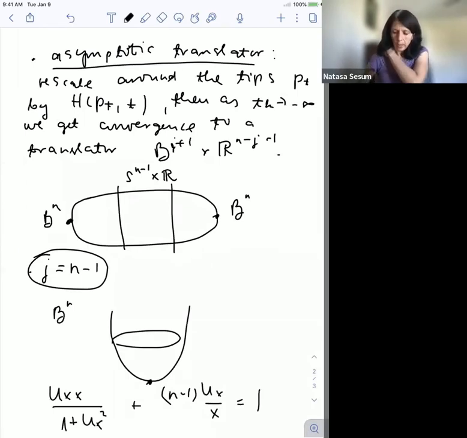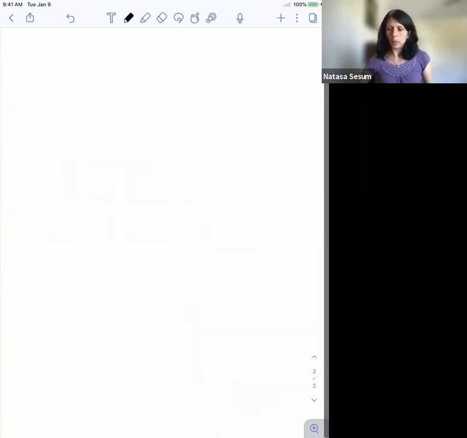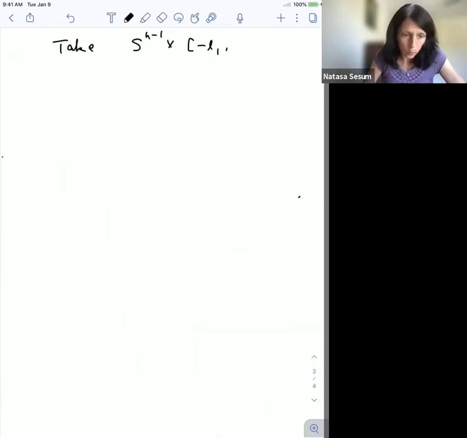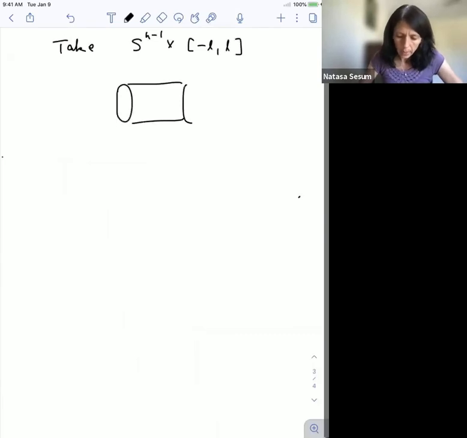And now I'm just going to tell you in a few sentences how this ancient oval has been constructed, right? We take a truncated cylinder S^{n-1} cross [-L, L]. Of course, you can carry out a similar construction for every j. So here we take a truncated cylinder of size 2L, and then you cap it off on both ends with caps of unit size, so the size of these caps is independent of L. This will be my hypersurface, which I'm going to call M_L, and that will be my surface at time t equal to 0.